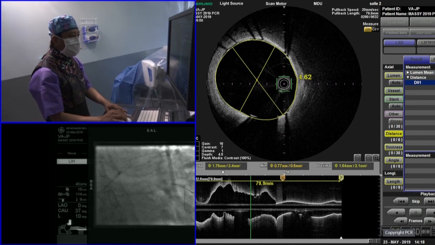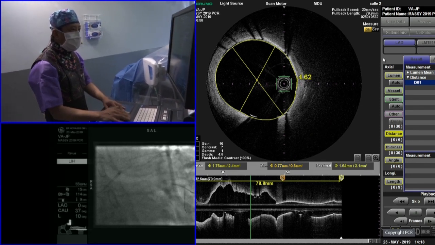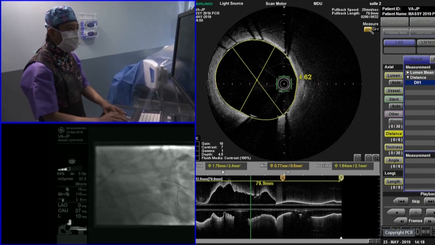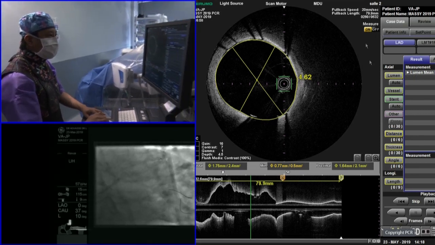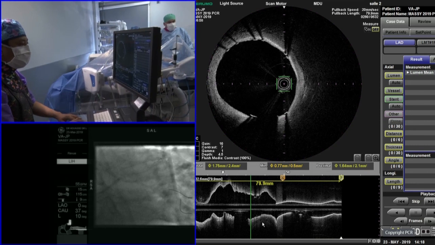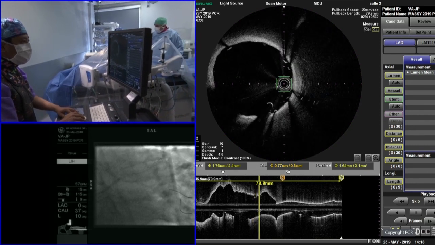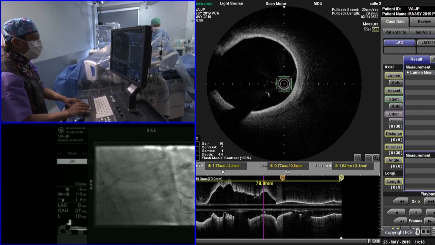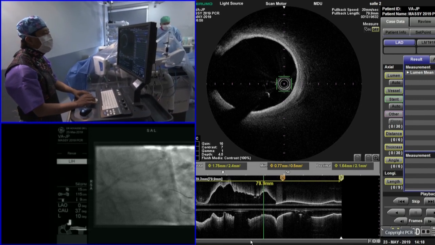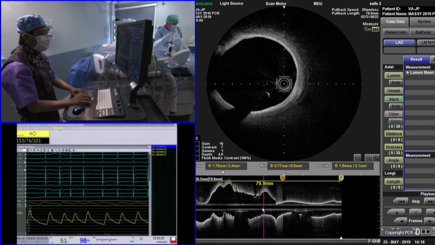Okay, so at this point, I will do two more angios for you. Maybe we can do nitrate. It's nice because the pressure is very good, so I'd like to do that before finishing the case.